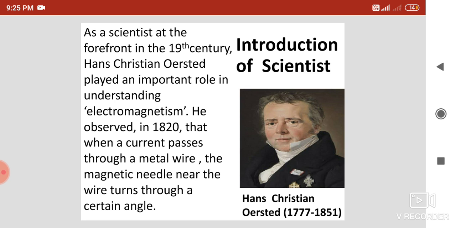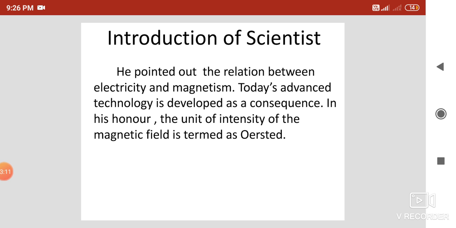This we have already seen in the last activity, the Ørsted experiment. Then he pointed out the relation between electricity and magnetism. Today's advanced technology has developed as a consequence. In his honor, the unit of intensity of magnetic field is termed Ørsted.